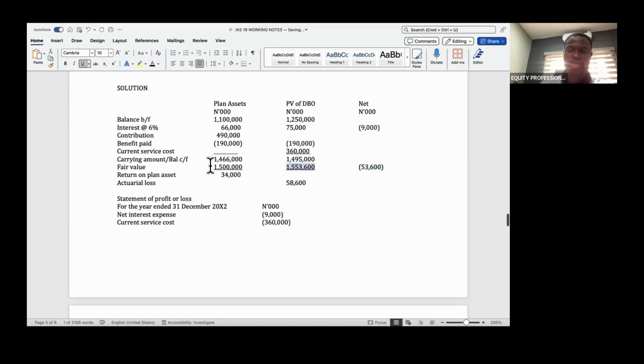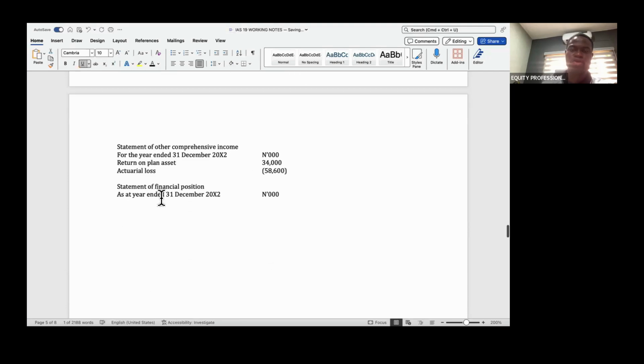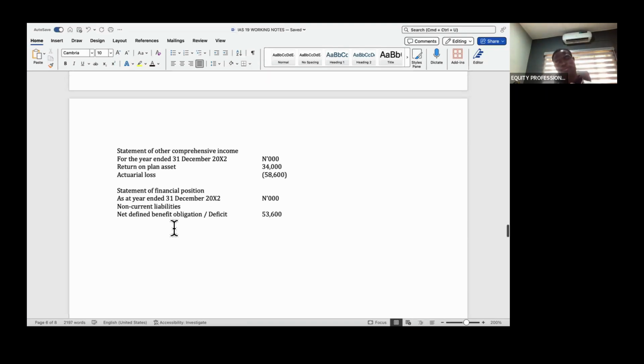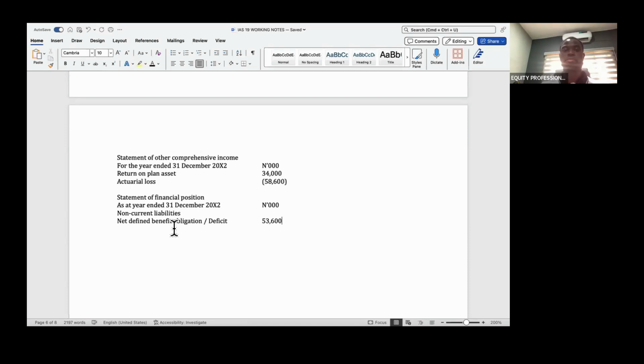And since the obligation is higher, that will show under non-current liabilities. You call it net defined benefits obligation, or you can simply call it deficit. And it was 53,600. And that's the end of this question.